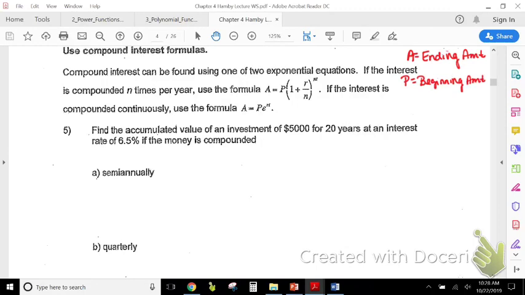Looking through the top one, there's a 1. That's just a number. What is R? Rate. That is the rate as a decimal. So don't forget, they're going to give it to you as a percent. You got to change it to a decimal. What is N? The number of times compounded per year.